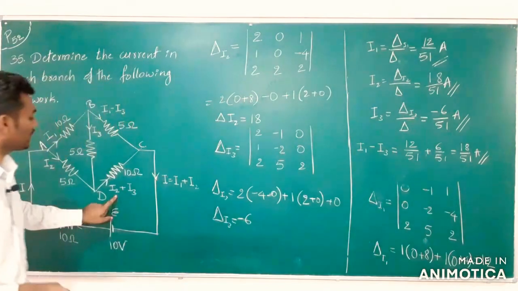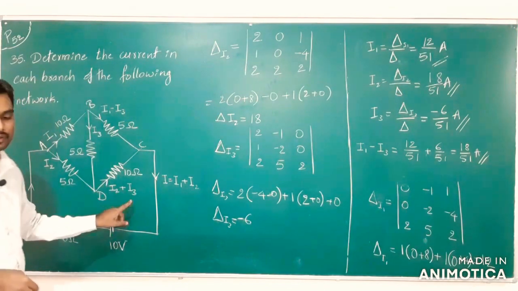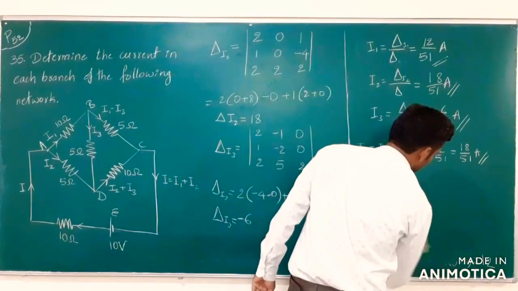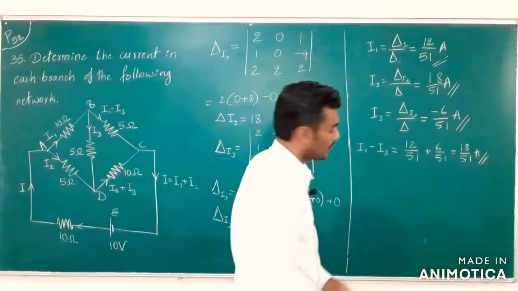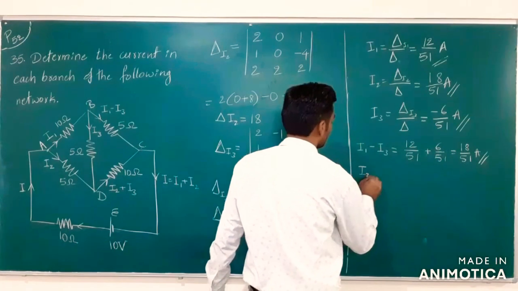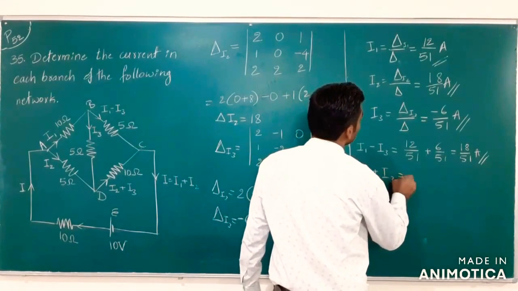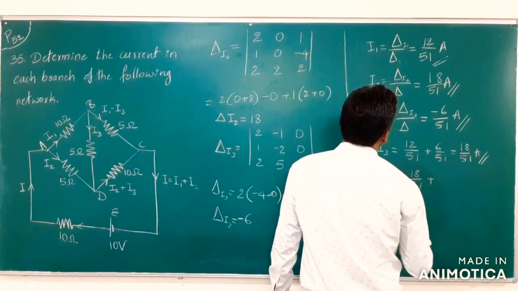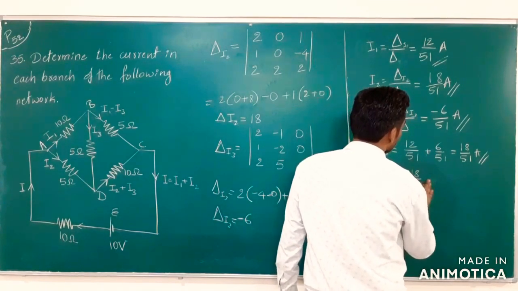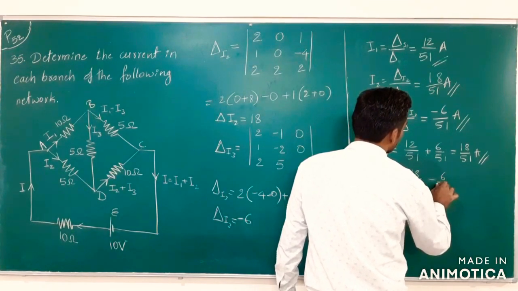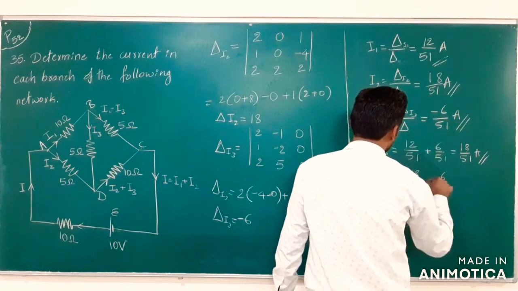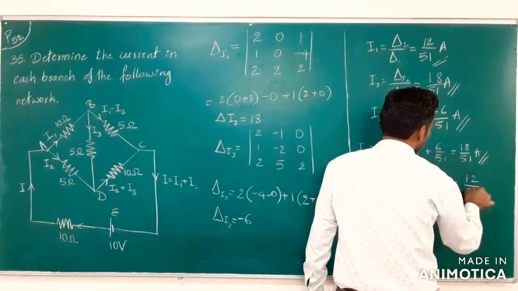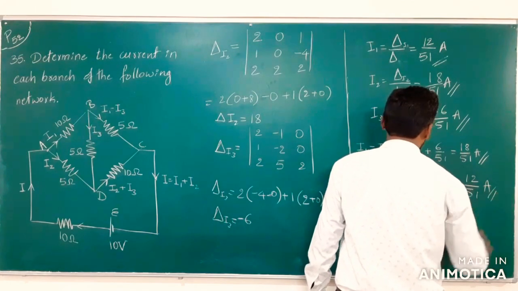Next, one more current is I2 plus I3. What is I2 plus I3? I2 is 18 by 51 plus I3 is minus 6 by 51, minus plus minus. So 18 minus 6, 12 by 51 ampere.